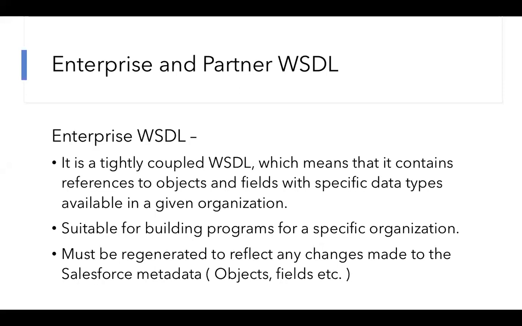So when it's for a given specific application, it's normal that you can use enterprise in this particular case. The only problem, or rather a property, of this enterprise WSDL is if you create a new object.